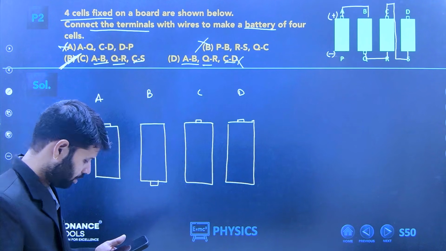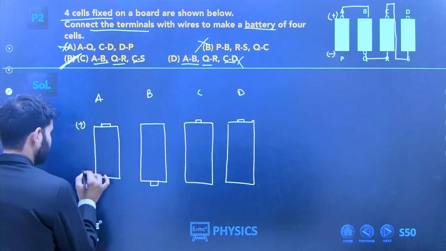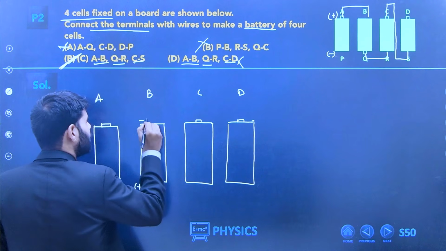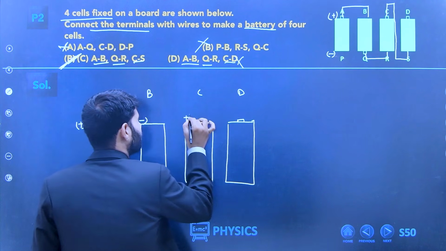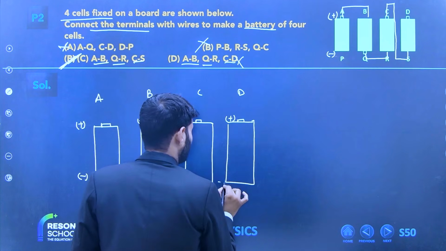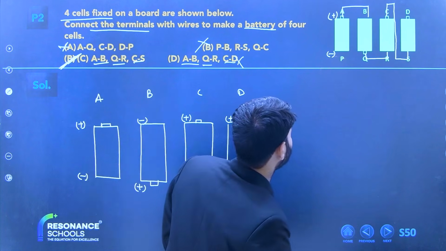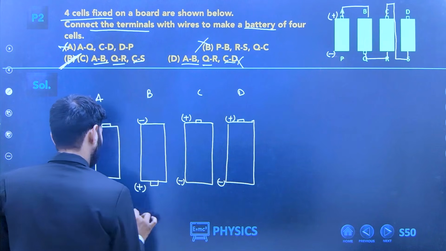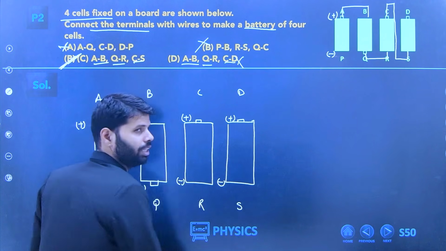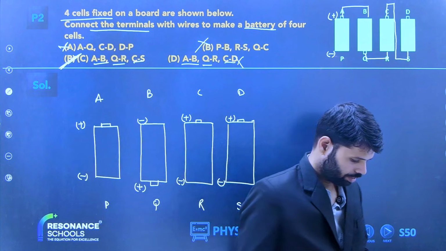Anvita, do you guys agree this is plus and this is minus? Now this one is plus and this one is minus. Here we have this is plus and this is minus. This is plus and this is minus. I have drawn correctly, na? Okay. We have these names also: P, this is Q, this is R, and finally S. Right?